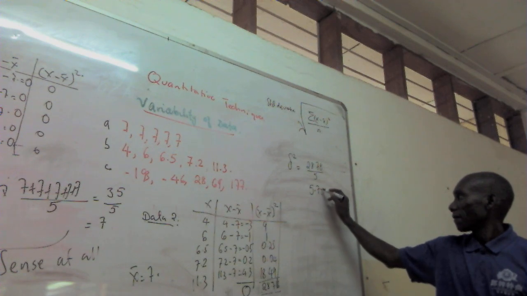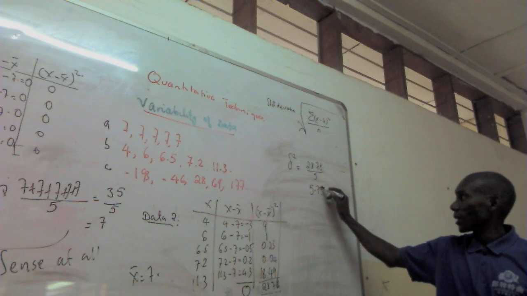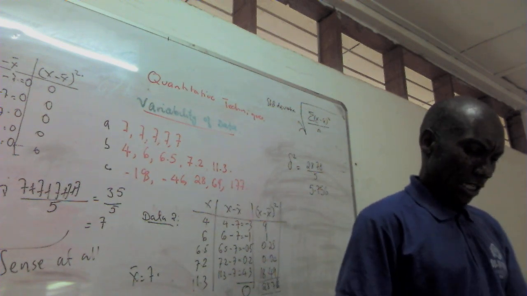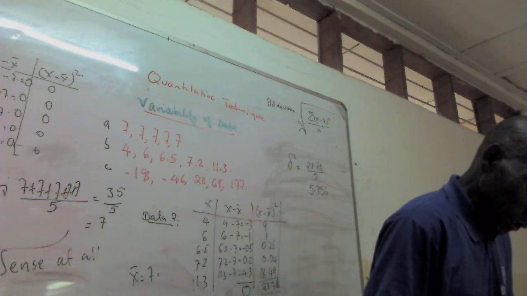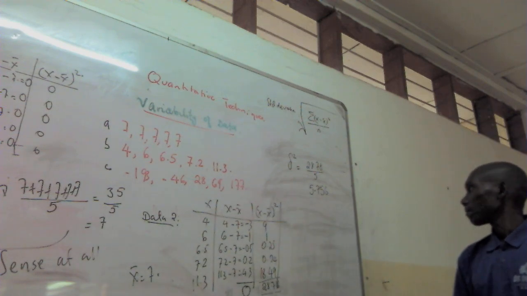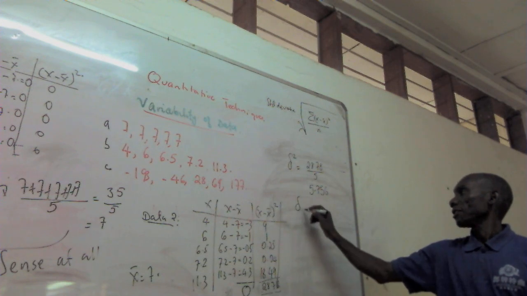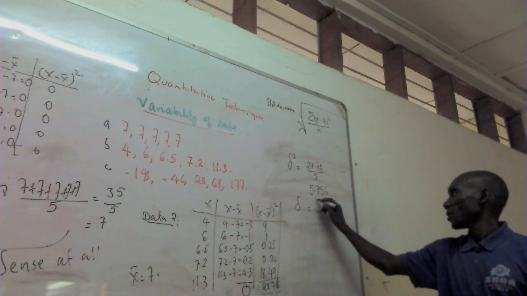5.756. That's your variance. Then let's find the standard deviation. You are removing the square, you are square rooting this one.